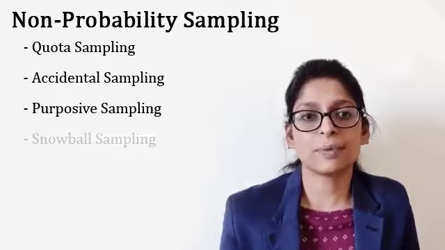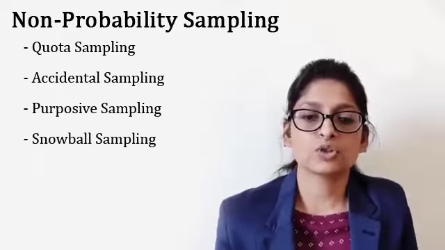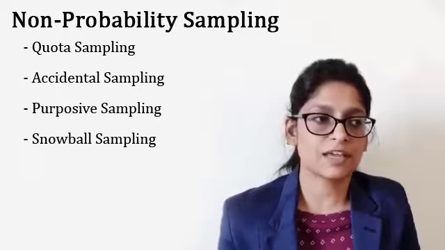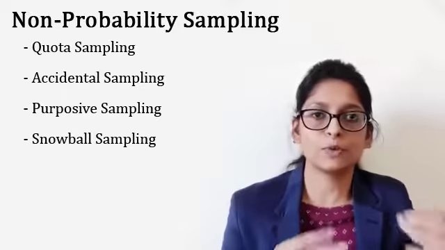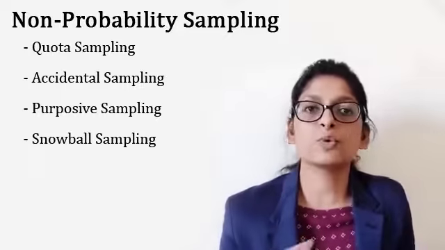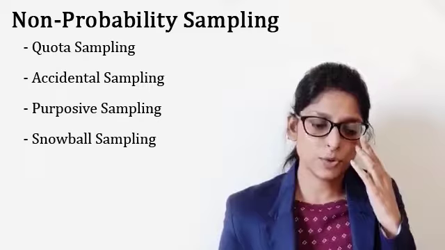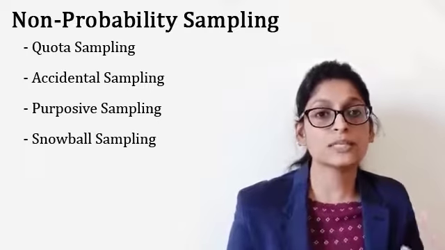The fourth type is snowball sampling. Now, snowball sampling is a very interesting type. Here, we start with a few cases. We start with a few individuals, and these few individuals direct us towards other individuals.